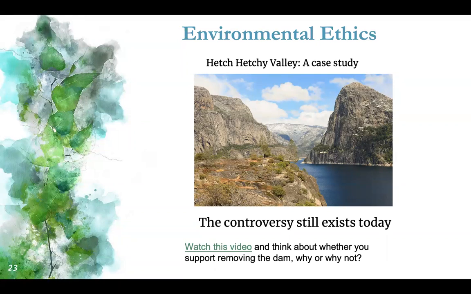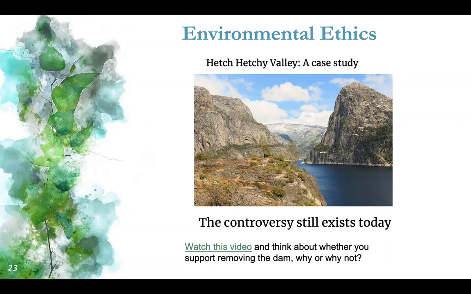Now, he believed that conservation of resources should be done when it profits the public, right? So both the utilitarian group and the preservationist group, neither of these groups believed that resources were unlimited, right?